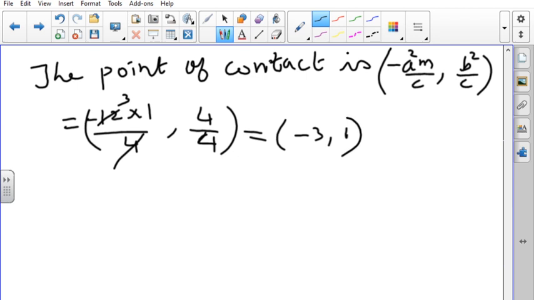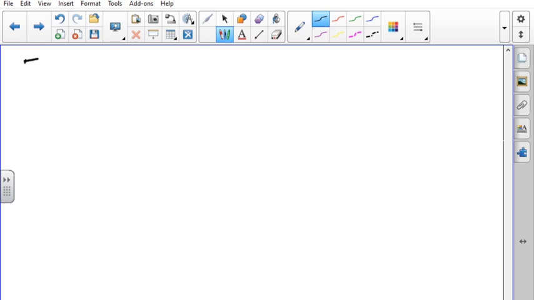Okay, next we'll go to question number 5. Find the equation of the tangent at t is equal to 2 to the parabola y square is equal to 8x.